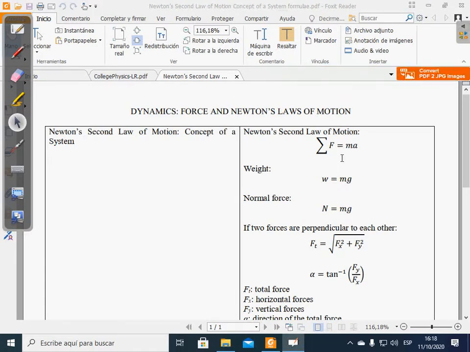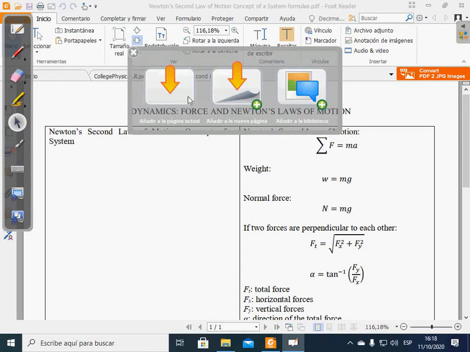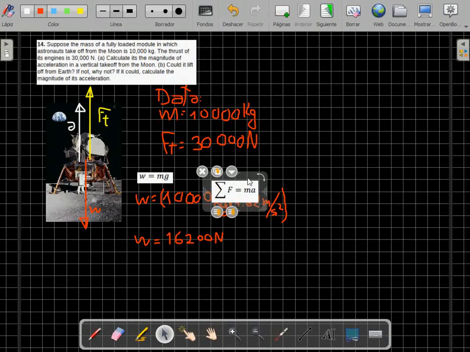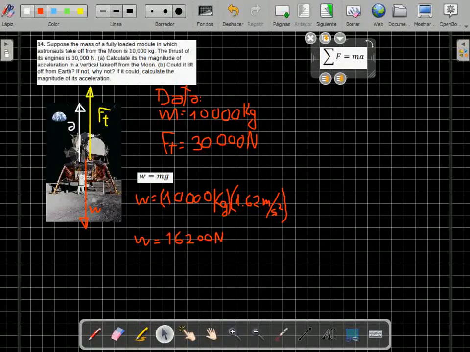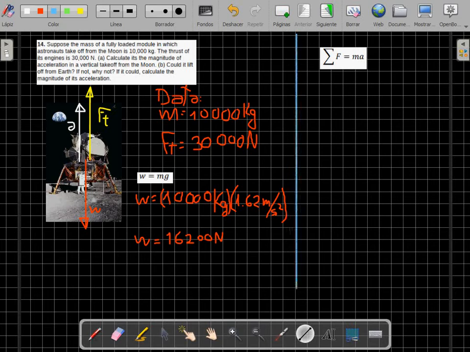Well, I think that the most suitable formula that will work here is Newton's second law of motion, since we have two forces, we have a mass, and we need to know the acceleration. So let's use that formula in order to get the acceleration. Newton's second law of motion states that the addition of all the forces is equal to the mass times the acceleration. So let's calculate all of that.